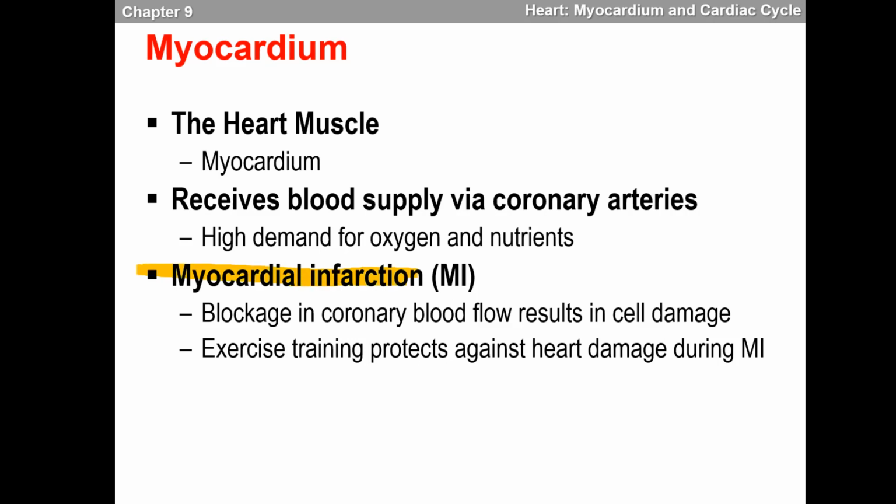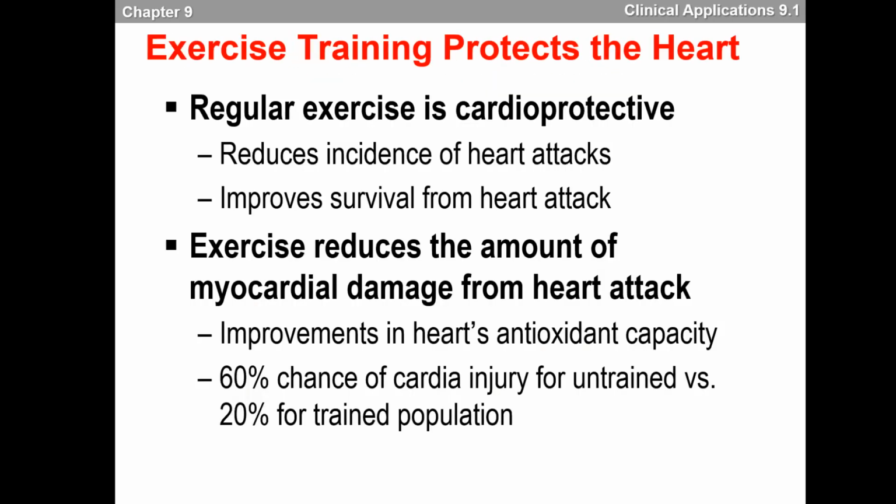That's whenever the coronary arteries get blocked and lead to heart damage. Remember, exercise training helps protect against heart damage. And to what extent, right? So remember, people who exercise regularly only have a 20% chance of getting heart damage as opposed to 60% that happens in the untrained population.